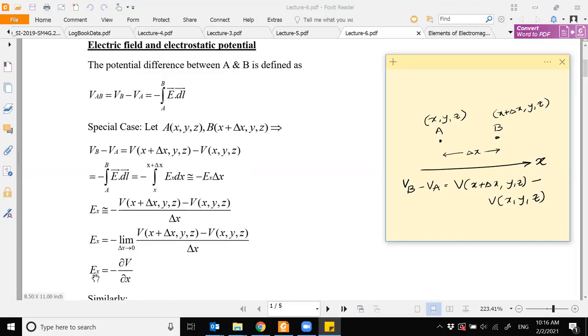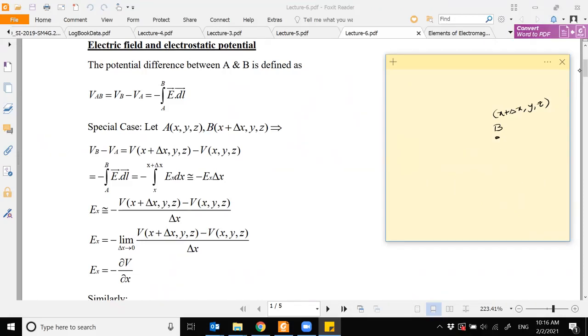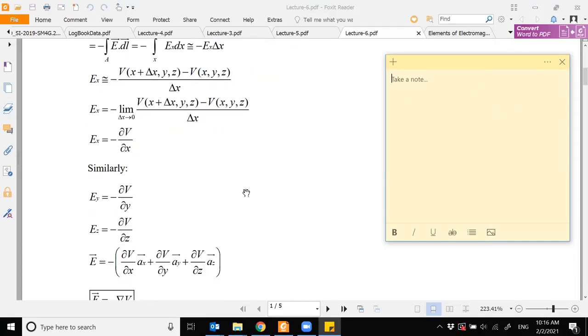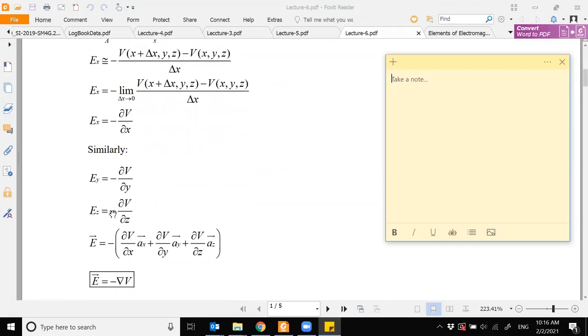And therefore, your Ex component is nothing but minus ∂V over ∂x. And similarly, we can also do it for y and for z. So therefore, we will get ∂Ey as minus ∂V over ∂y and Ez as minus ∂V over ∂z.